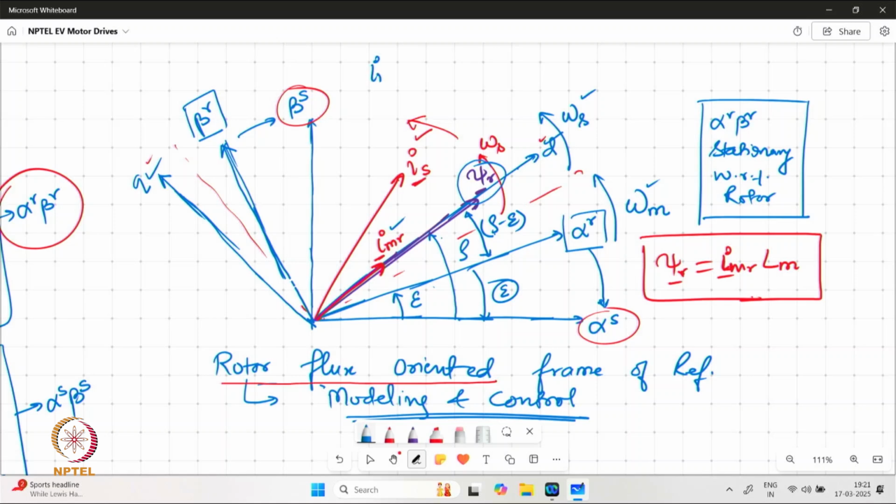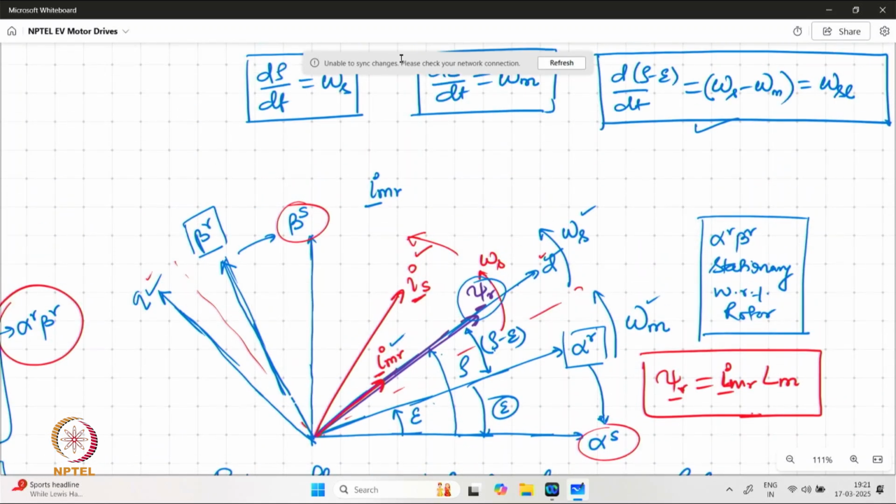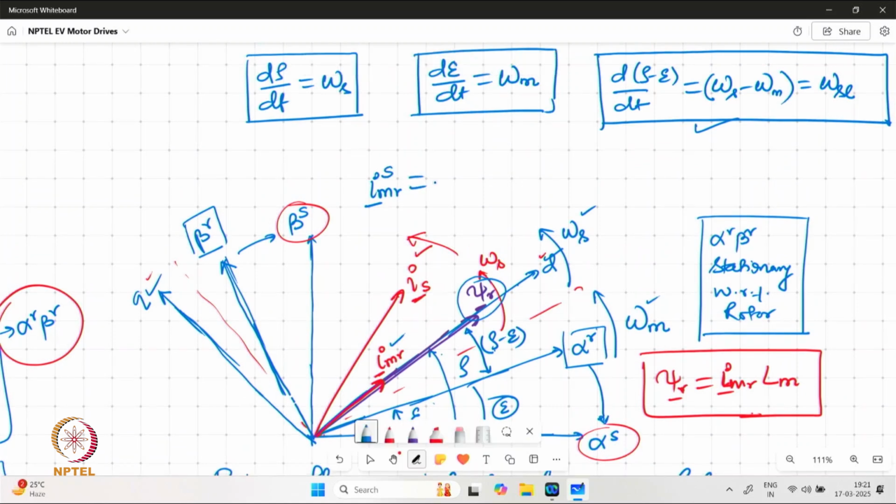So IMR in the stator frame of reference can be written in terms of IMR, which is naturally defined in the rotor frame of reference, as IMR times e raised to power j epsilon.